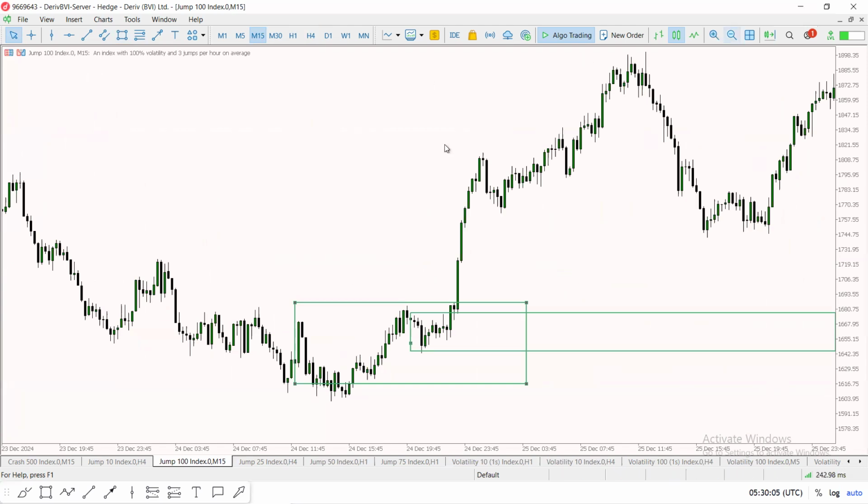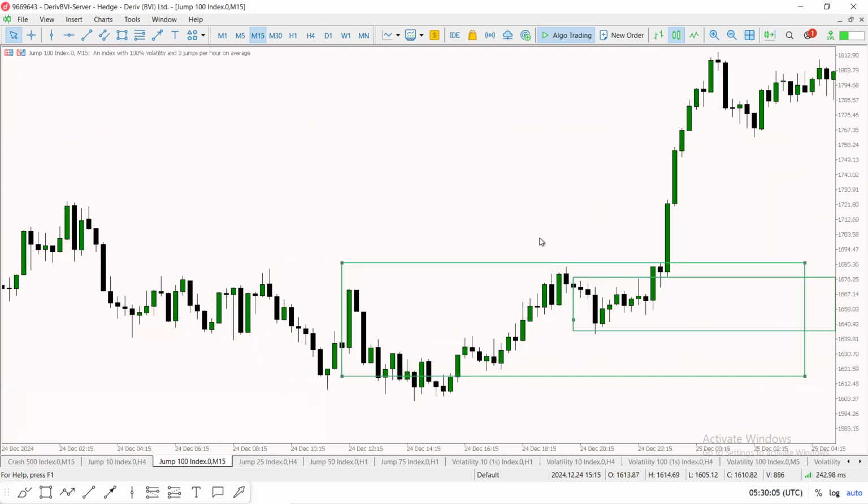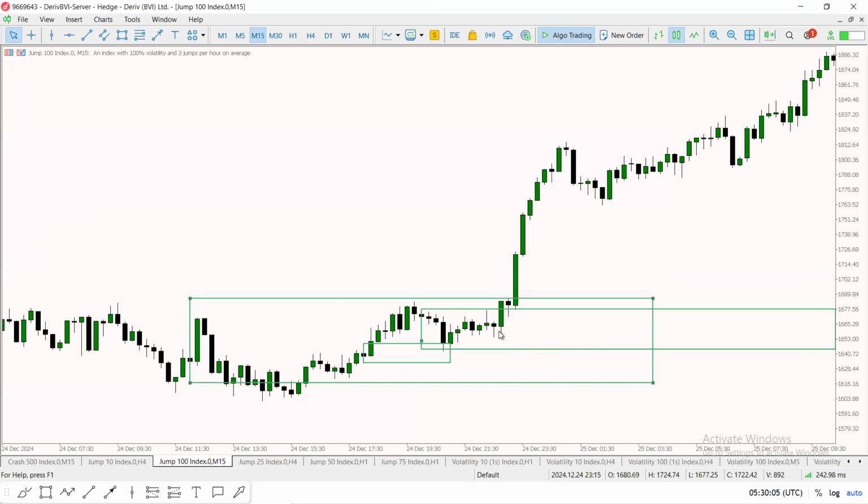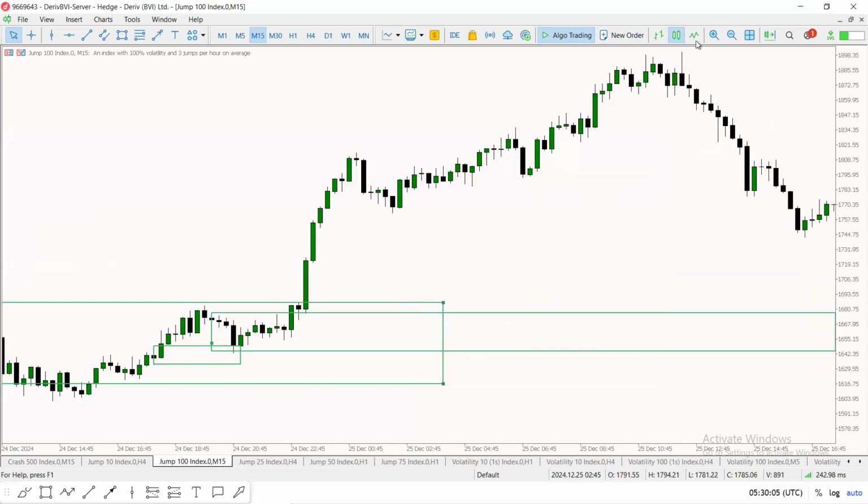So on M15, I could see a lot of bullish engulfing from where we could possibly take entries. All right, you could see this other block here with a bullish engulfing. Was there no other bullish engulfing here? We have another bullish engulfing here. But let's see what happened.